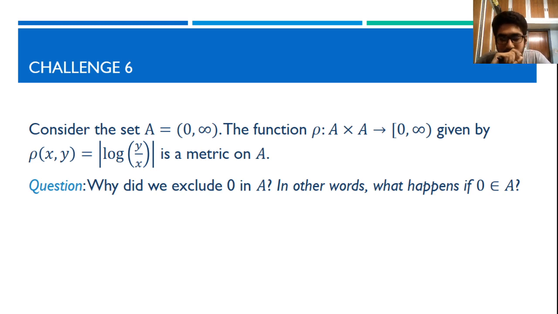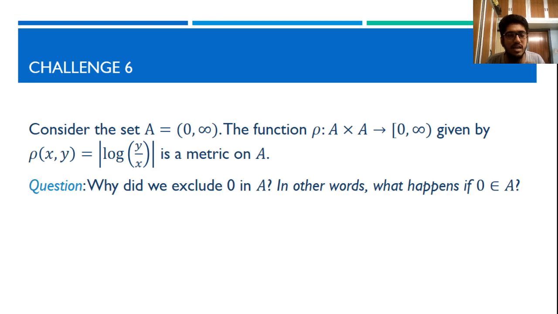I would like to emphasize this fact. Make a note of this example. This is a very interesting and very particular example. Note that this metric rho of x comma y works on this particular set, the open interval 0 comma infinity. Add 0 to it, it cannot work.